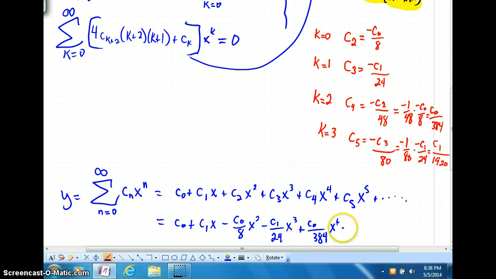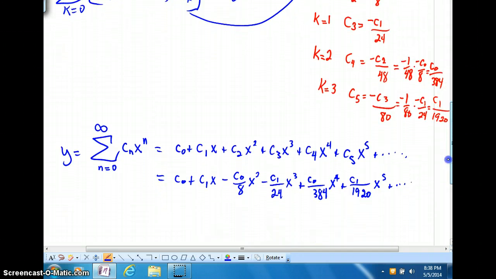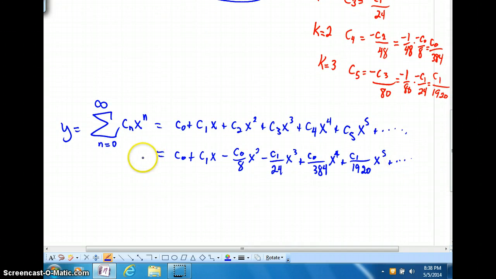With c sub 5, we saw it was positive c sub 1 all over 1,920. And evidently this is going to continue on. Hopefully it's very evident that for this solution of y, we could find two distinct series solutions that could work.